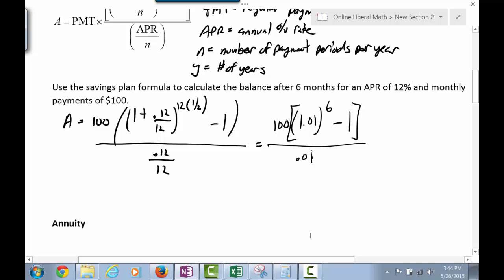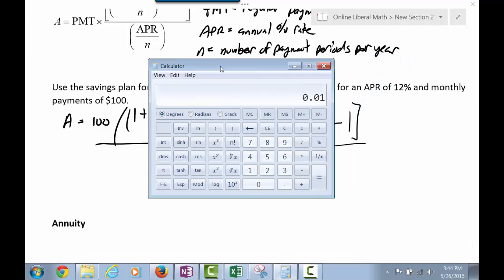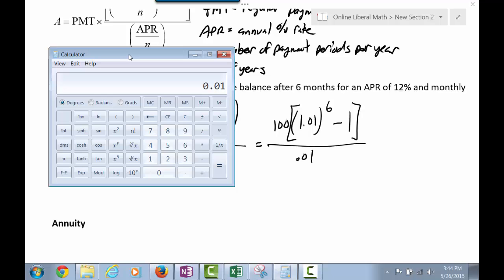Okay, so let me go back to my calculator, and again we're going to do this in pieces. So 1.01 raised to the 6th power gives me that number. Subtract off 1, and I'll get 0.06. Now I want to multiply that by 100, and then divide by 0.01.